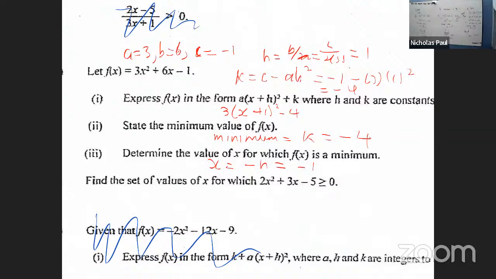Is that quadratic minimum? Yeah. Right. Did you get it?